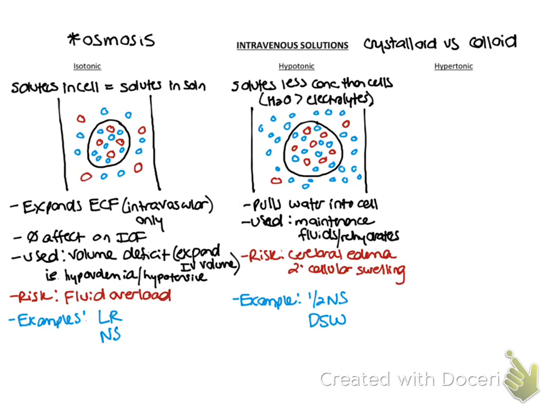So half normal saline is lower, because it's half of it. So I'm hypotonic. That's why D5W is hypotonic, because it's just 0% sodium chloride, and that dextrose gets eaten up.